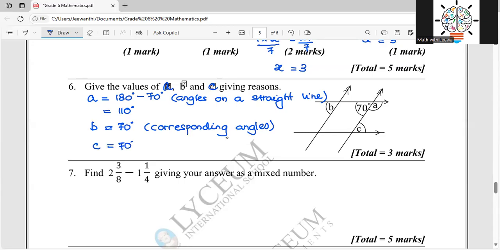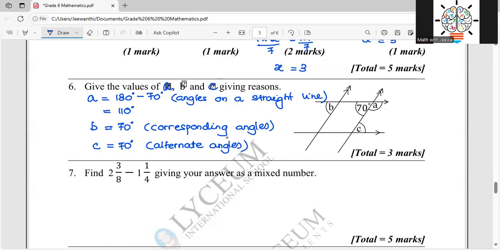The reason, alternate angles. Alternate angles, right? You just see that easily we can find C is 70. You can see the Z letter. And B is 70. Why? You can see the F letter, the corresponding angle combination.